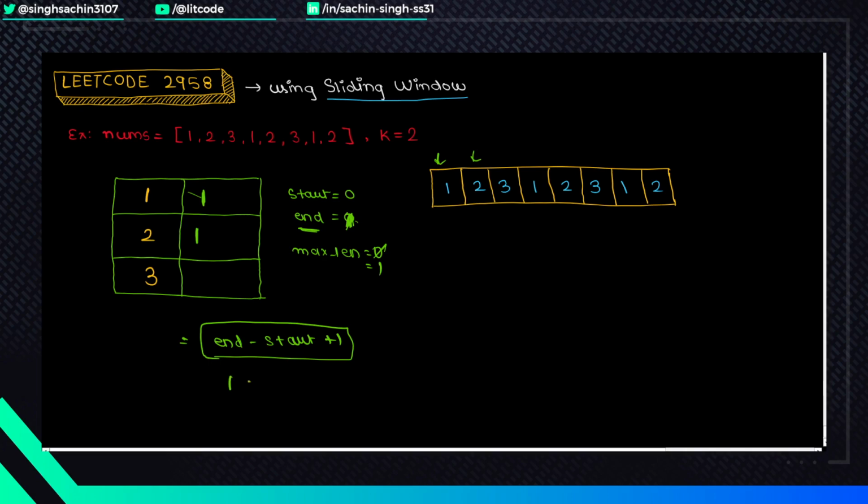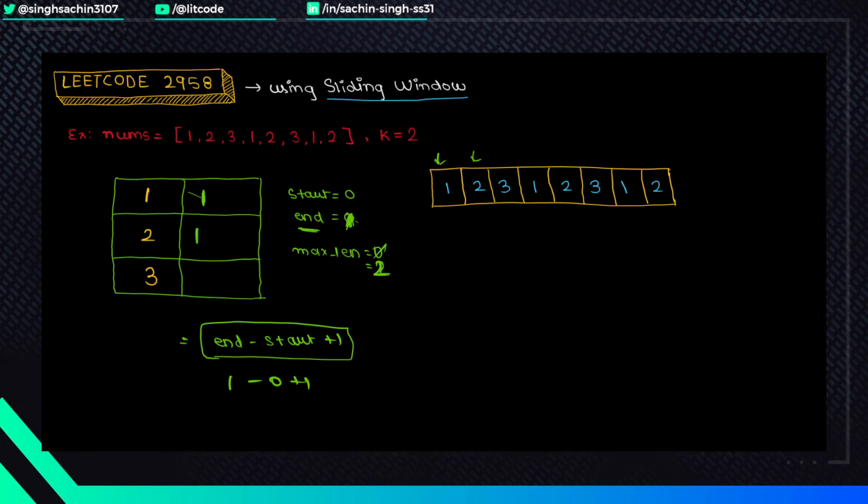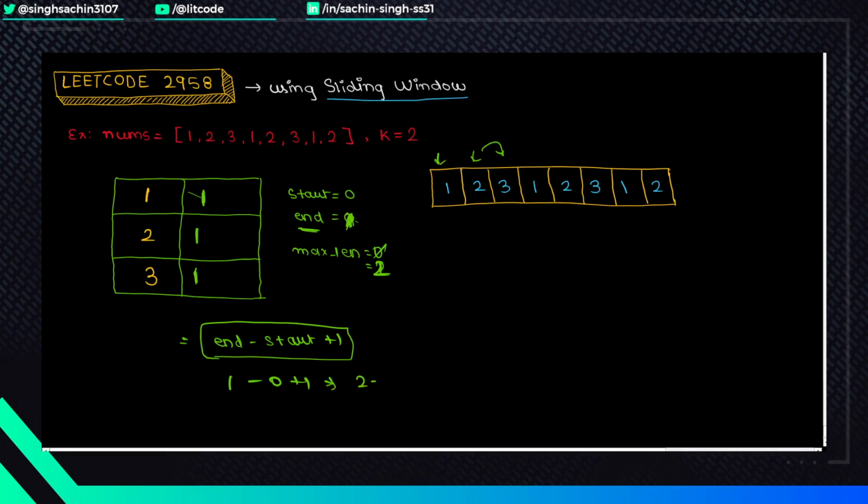End is 1 minus 0 plus 1, so max length will become 2 now. Again we'll move to 3. 3 is also a new element to us. We updated its count. Now it is 2 minus 0 plus 1, which is 3. So now my maximum length is 3.